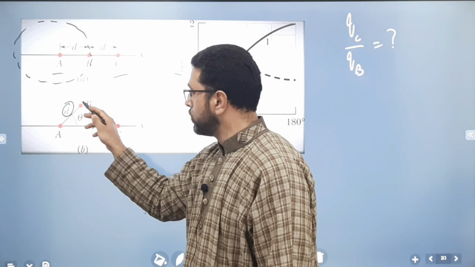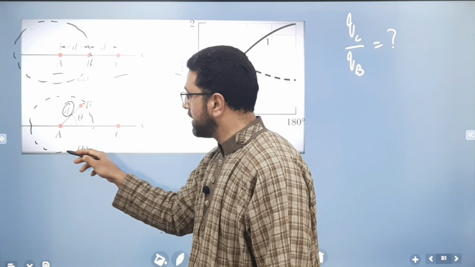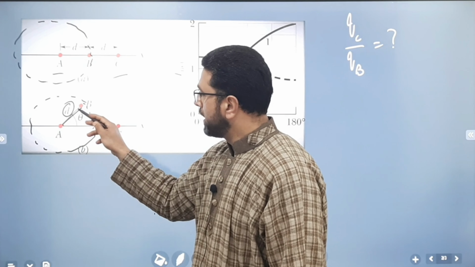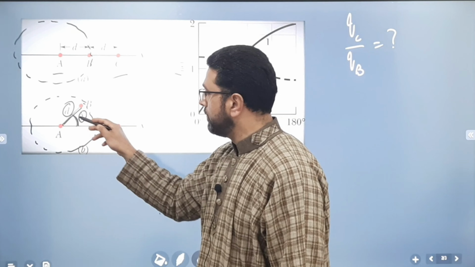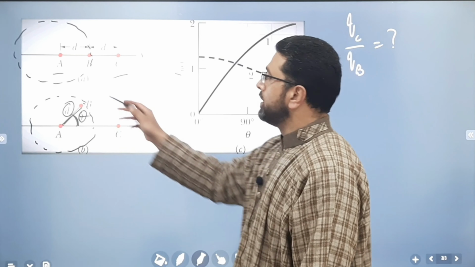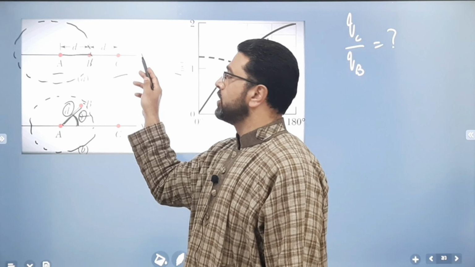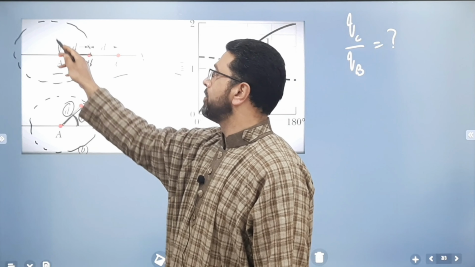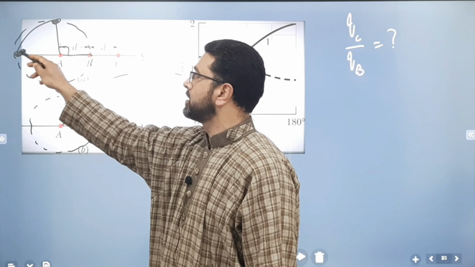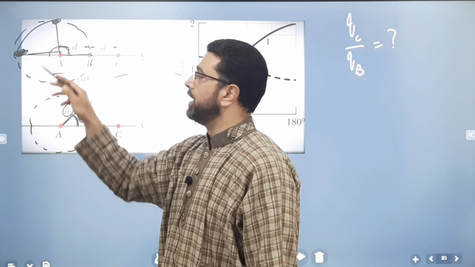So that means it moves in a circle with center at A. This line joining A and B is making an angle theta with the x-axis at any given time. So in the beginning, that line is making 0 angle with the x-axis. When particle B is here, it will be 90 degrees. When particle B is on this side, it will be 180 degrees.